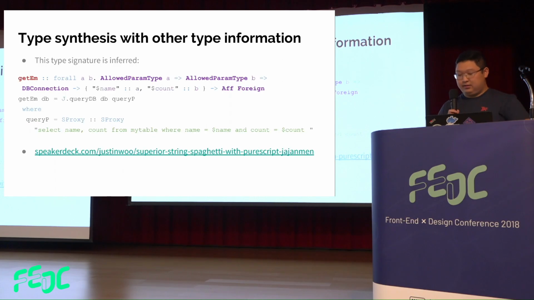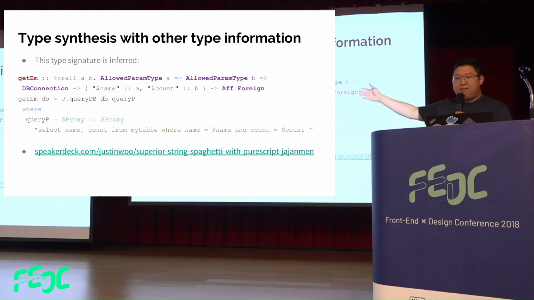This also leads to another thing where we can do type synthesis with a lot of other type information. Let's say I define this function, getIm, ignoring the type signature up there. I have a query here that I'm going to run, right? And it's going to be a statically defined string. This S proxy just carries around some type level string information.